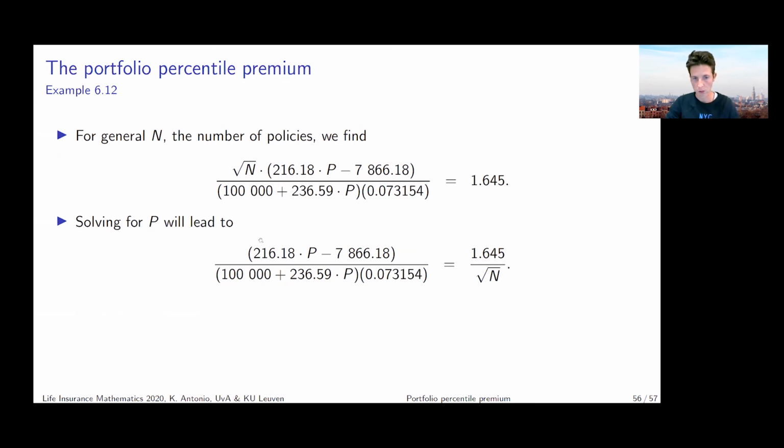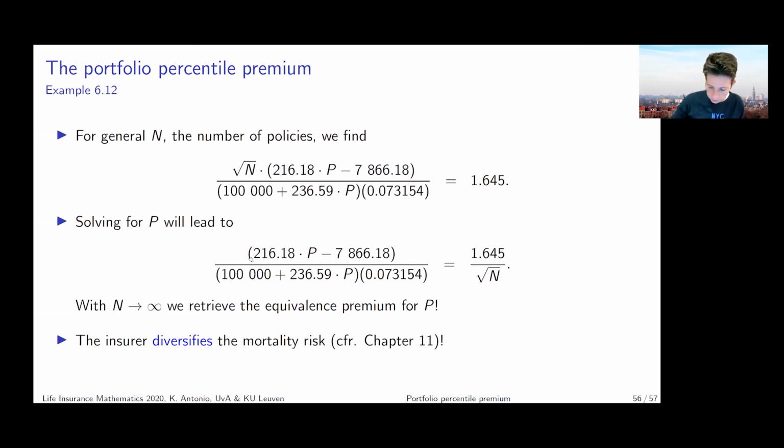And that's what's coming up over here, because that was essentially coming from my expected loss. So in this case, if the N goes to infinity, I'll need to come up with a premium such that the expected loss on a single contract is 0. So then you retrieve the equivalence premium as a limiting relation for this portfolio percentile premium.